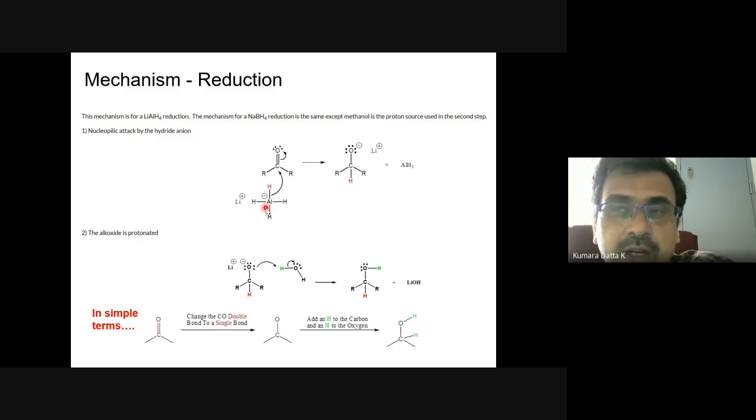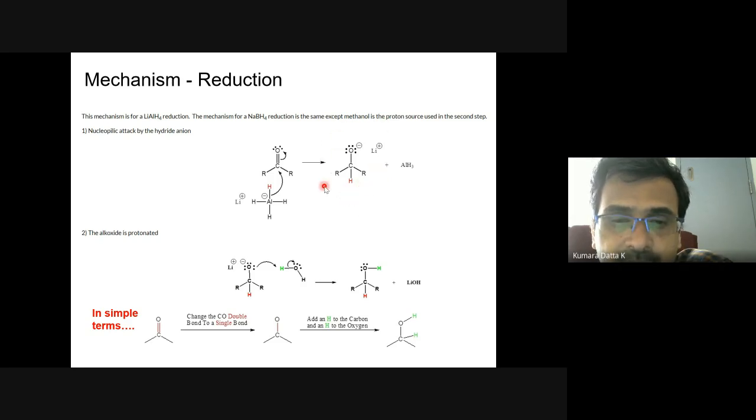You all know Li+ and AlH4-. This AlH4- will attack the carbon, which is already partially positive. The negative charge interacts there, where it is already a carbocation-like center, so the hydride H- moves here, and it becomes AlH3 and Li+. Now you have this particular entity.